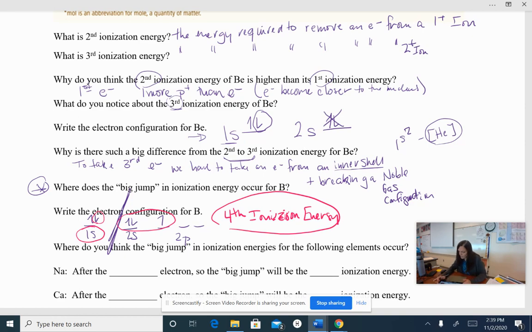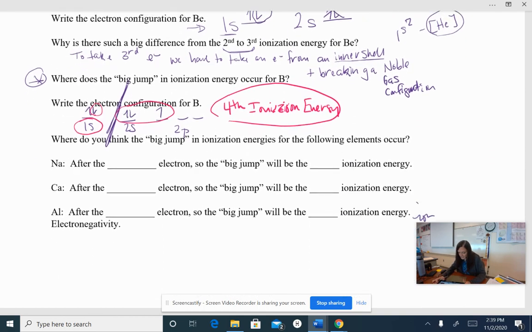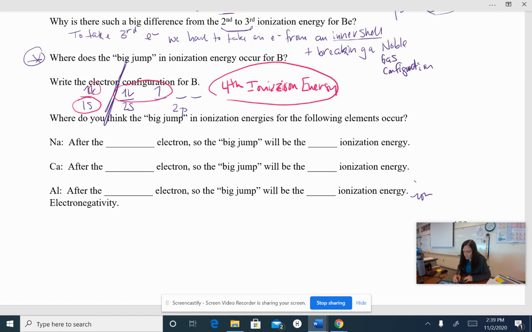All right, I want you to look at these next ones. Let's look at sodium and calcium and aluminum. Sodium, we have a 3s1 configuration. Calcium, after the noble gas, we will have a 4s2 configuration.